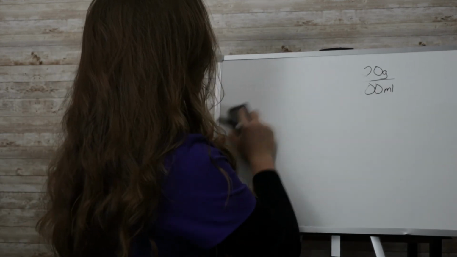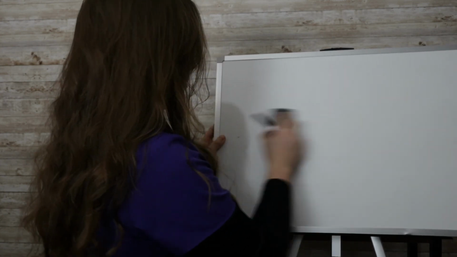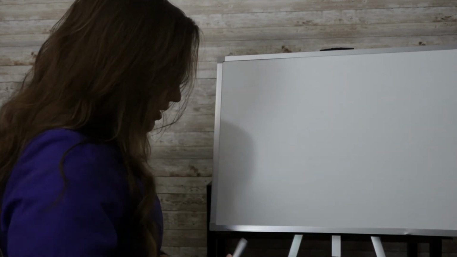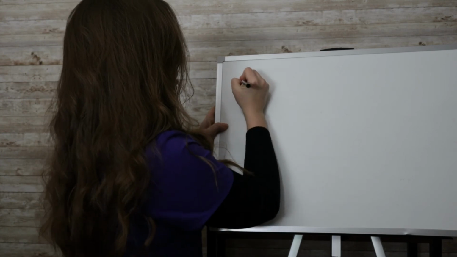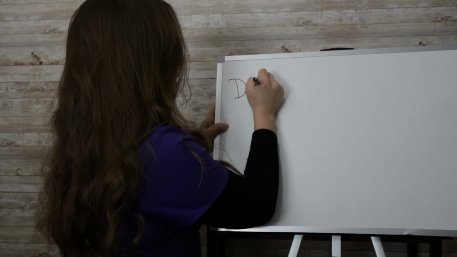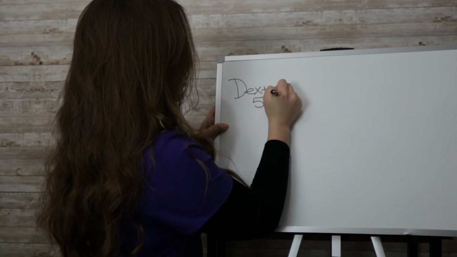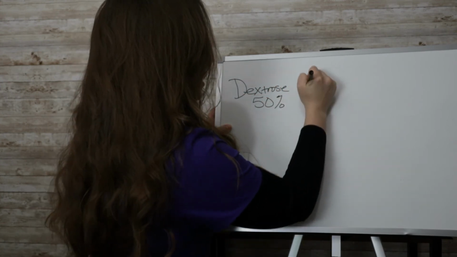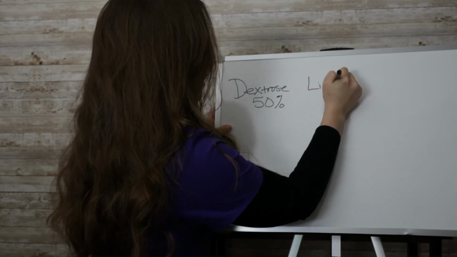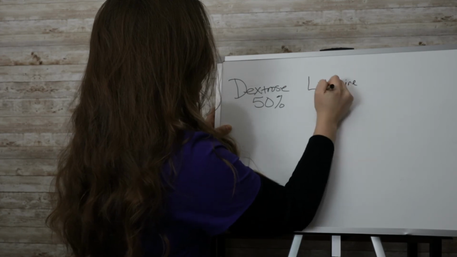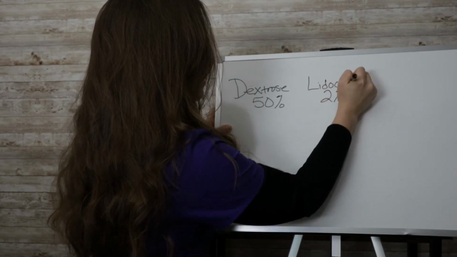Okay, so let's throw up all the ones that we've talked about in our examples today so far. So the first one was dextrose at a 50% solution. Then we talked about lidocaine at a 2%.